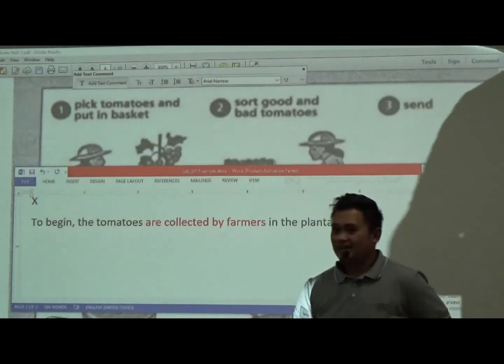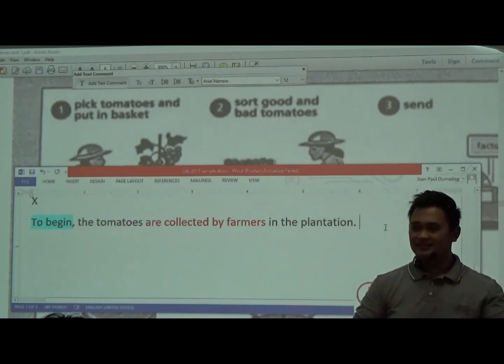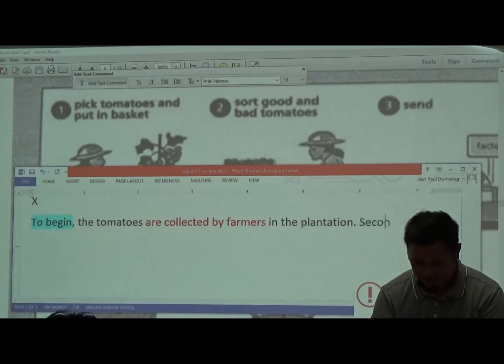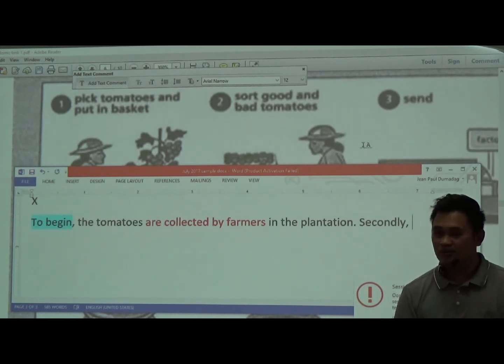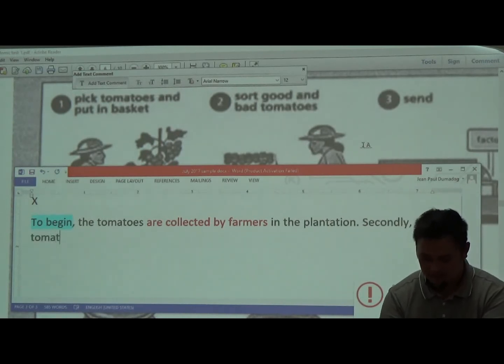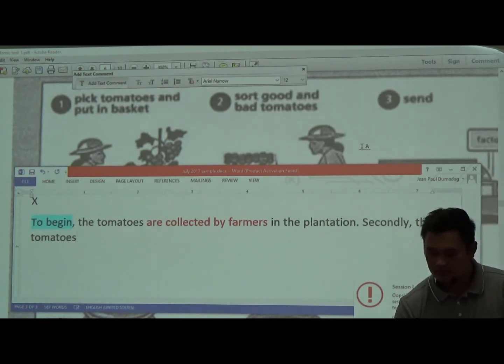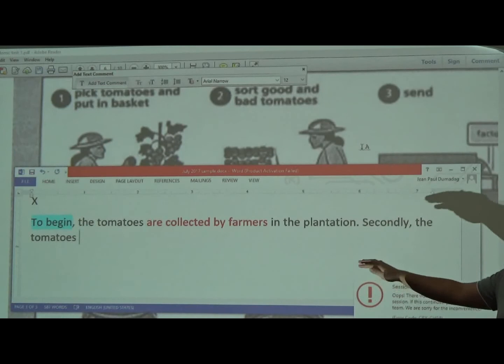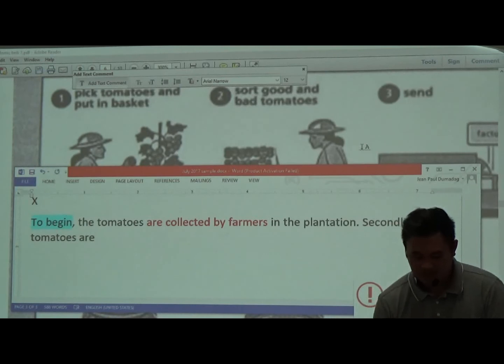To begin, we'll highlight that. Always use order language. Then secondly, 목적어 again. The tomatoes. Secondly, the tomatoes, be verb, are.